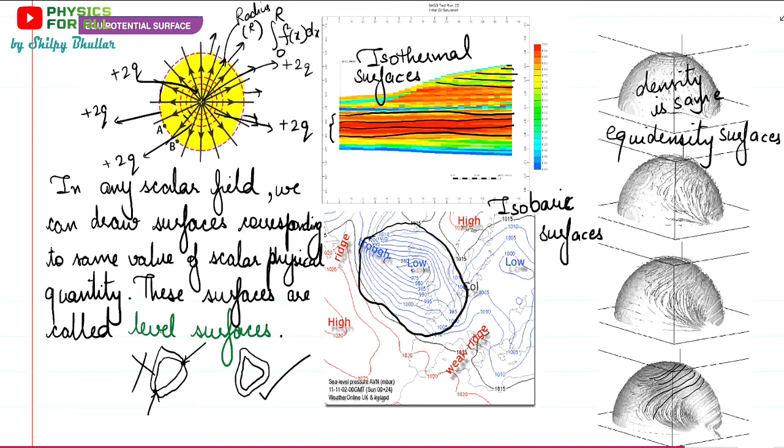That would imply that the function is assuming two different values, which is not possible, which is in contradiction with the assumption. And what is the assumption? We always say that a scalar function, whatever it is, has the same value throughout. We always say that this phi(r) is a single valued point function. So this is a very important point.